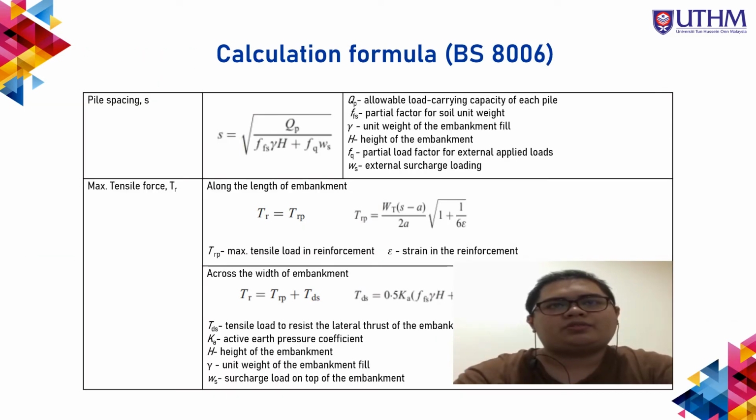This table shows the calculation formula that we use in this case study, which is based on BS 8006. This figure shows the geogrid reinforced embankment in the railway line section, and this figure shows the geogrid reinforced embankment in the transition bridge section.